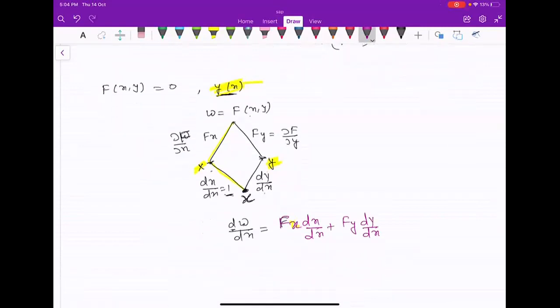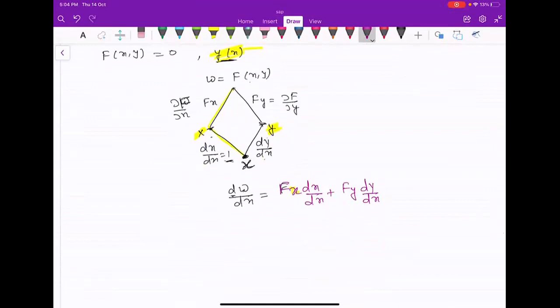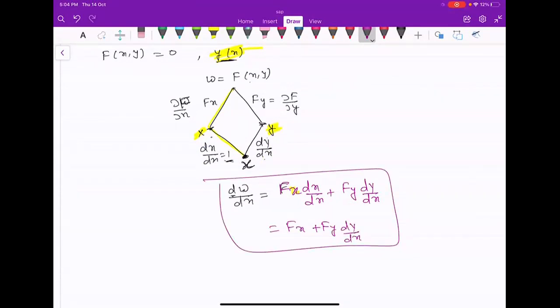Okay? So this is your dw over dx. Sometimes some question may be given like dx over dx, so it will come to f_x plus f_y dy dx. Okay?